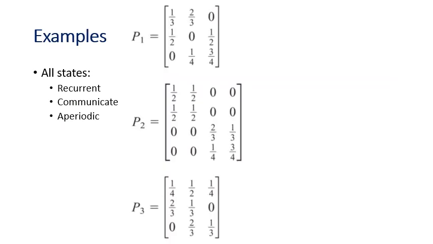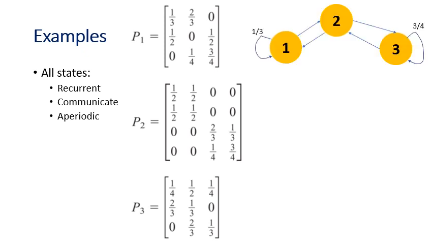Let's see these three examples of transition probability matrices and see if each of them is an ergodic chain or not. Remember that to be an ergodic chain, all states must be recurrent, communicate, and aperiodic. For the first one, let's try to draw a graph to describe the transition probability. You can see here that all states are recurrent because you can go anywhere and then return to where you started. It means also they all communicate.